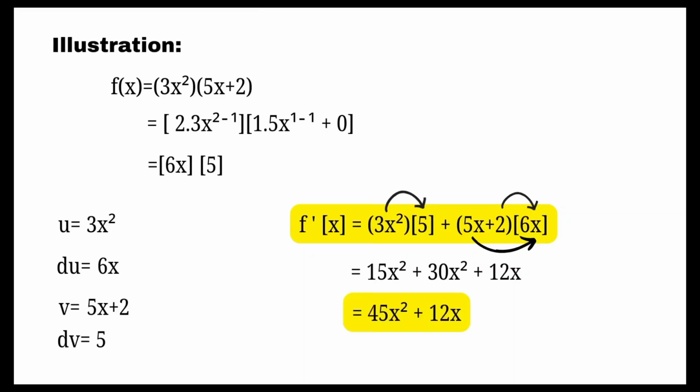Finally, we combine like terms. 15x squared plus 30x squared is equal to 45x squared plus 12x. So, the derivative of f(x) = 3x squared times (5x + 2) is equal to 45x squared plus 12x. And that's the process of the product rule.